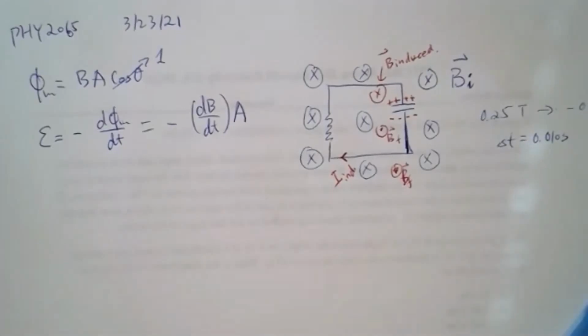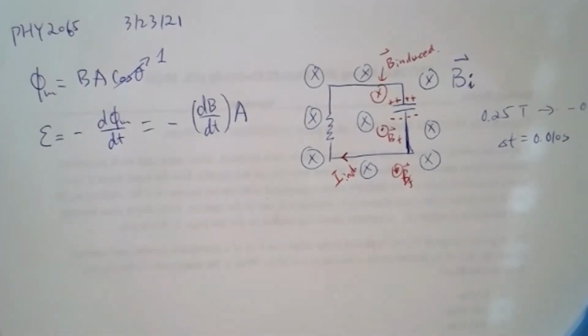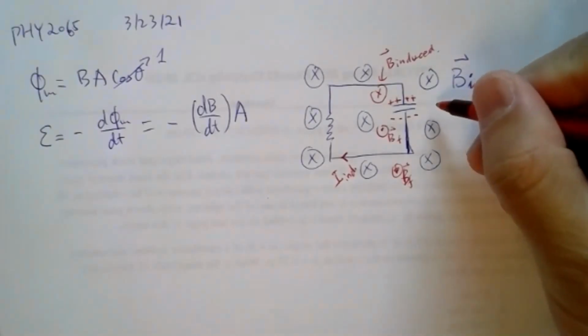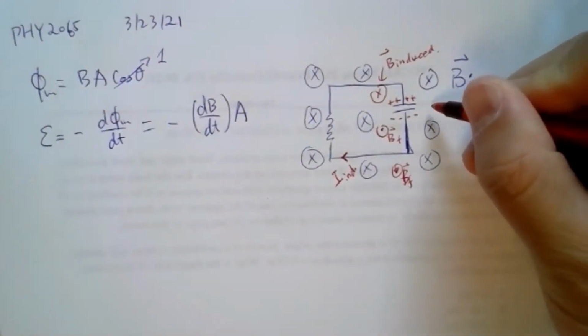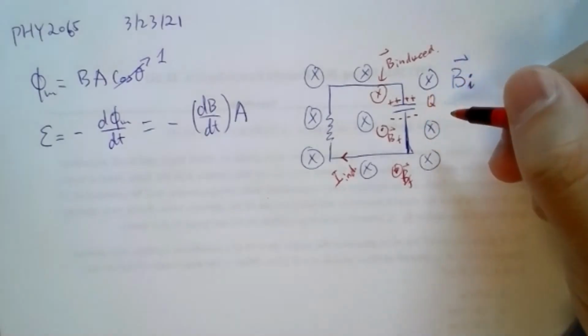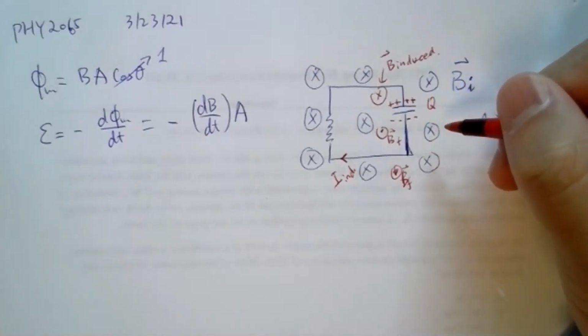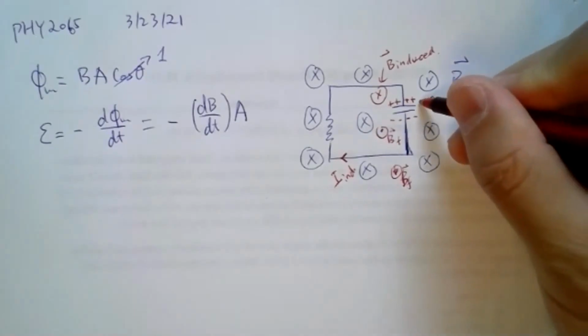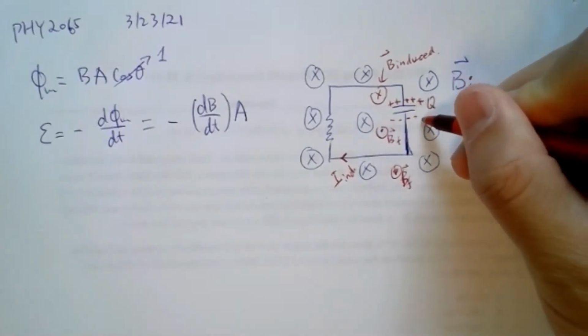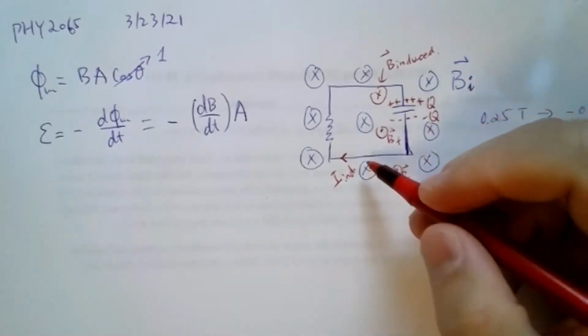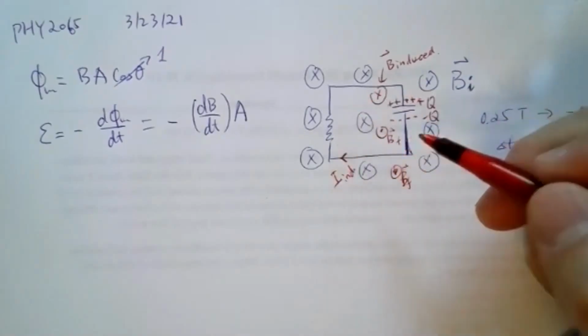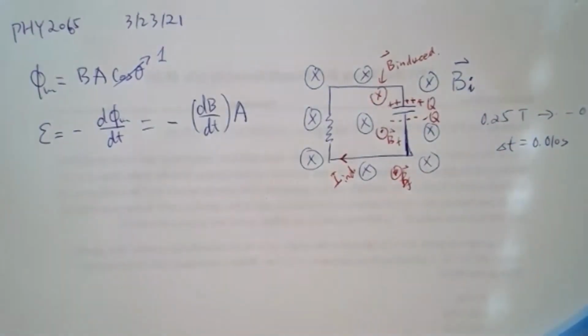All right, so what are we looking for? It's asking for the maximum charge Q on the upper plate. We have determined that on the upper plate you have positive Q, and on the lower plate negative Q, because of the direction of the induced current.